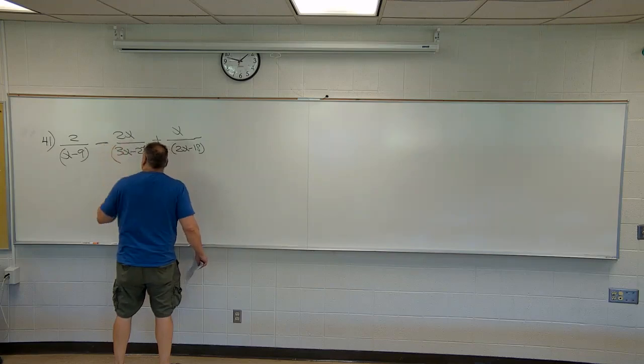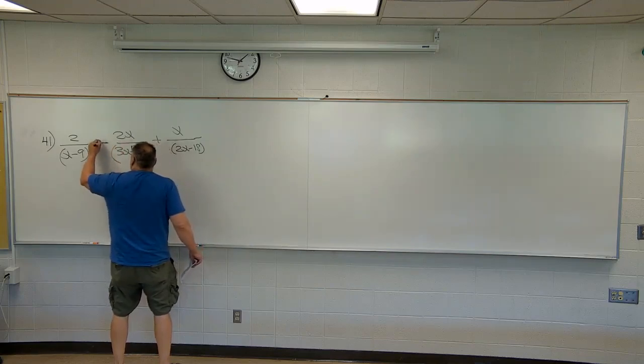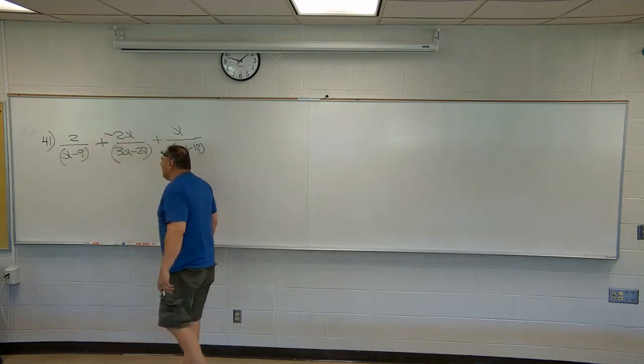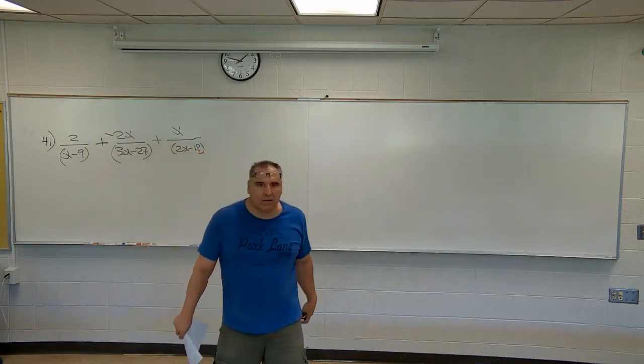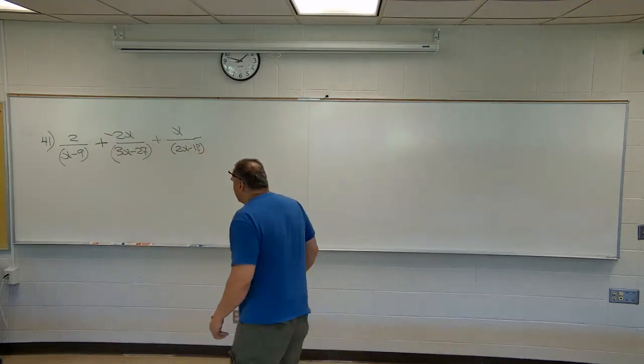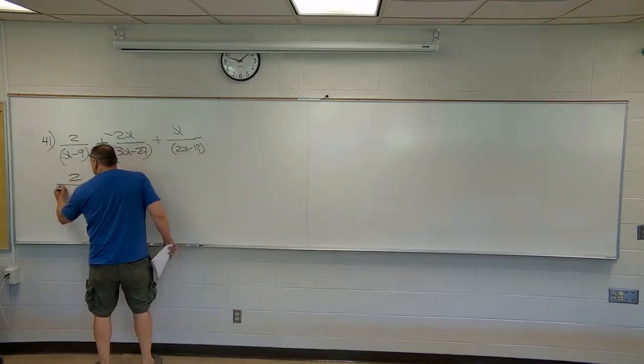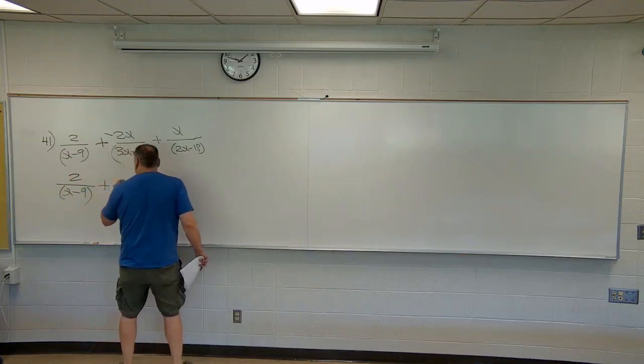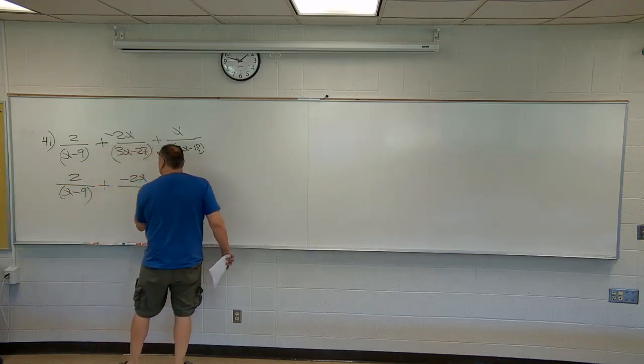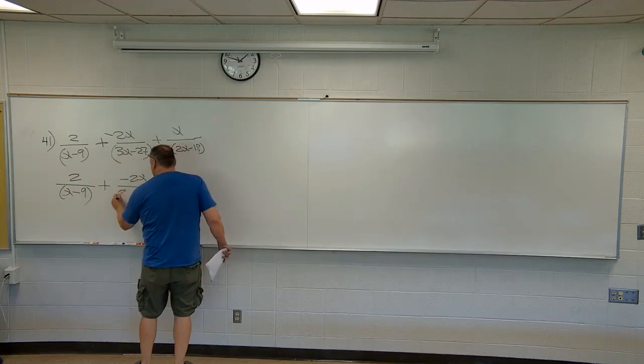Minus 2x over the quantity 3x minus 27, minus that is plus the opposite. Make everything into addition. That's not a big deal. You got that. Can you pull a 3 out of here?